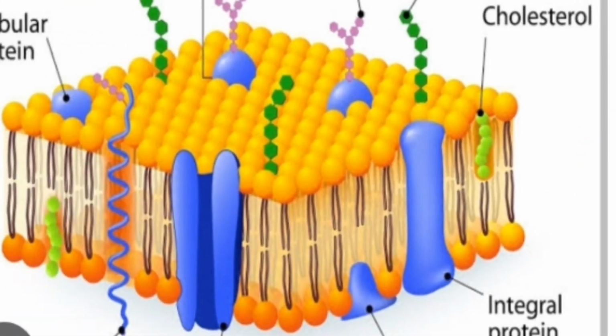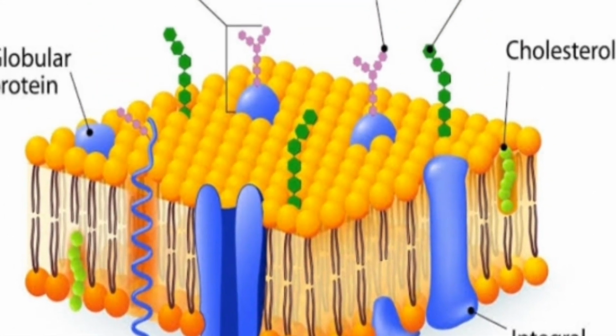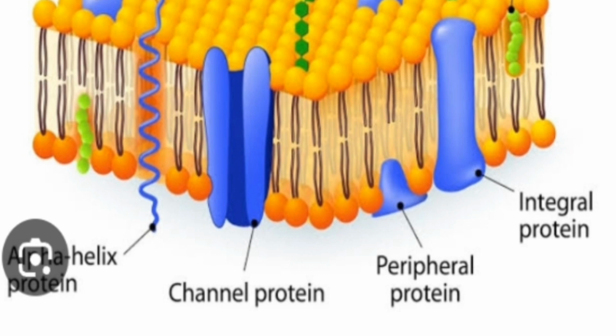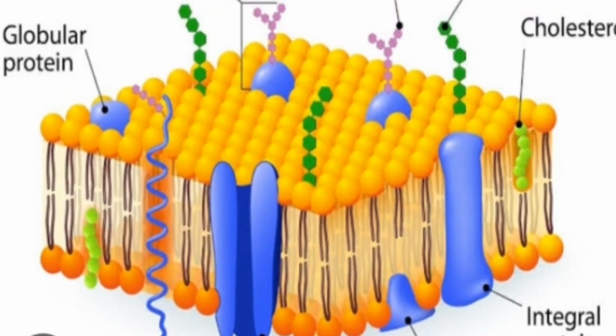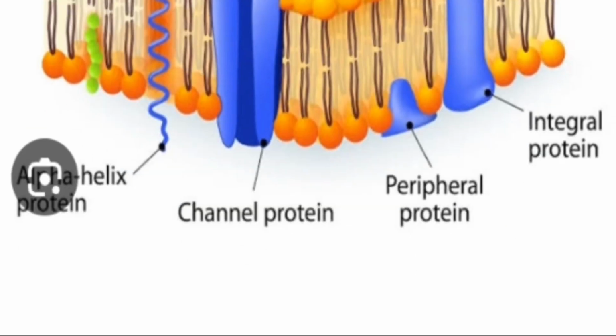See the model of the fluid mosaic model. You can see the proteins that are scattered. Look, this blue one that spans from the surface down is the integral protein or the transmembrane channel protein. Then we see the peripheral proteins, those situated at the surface of the membrane, the blue circular structures. So they are called the peripheral protein or globular protein.